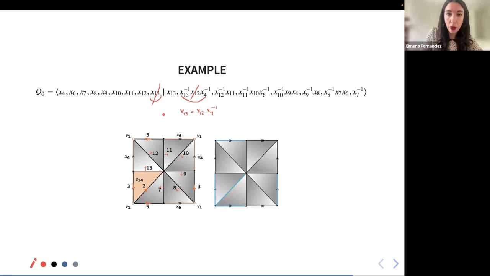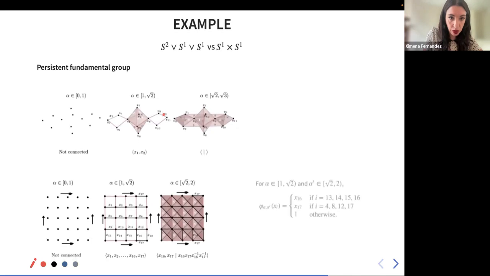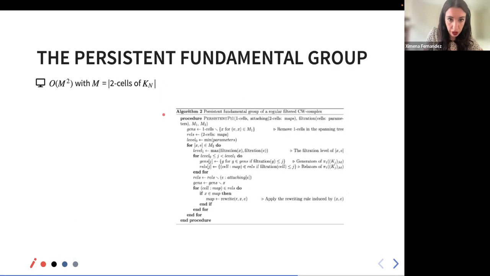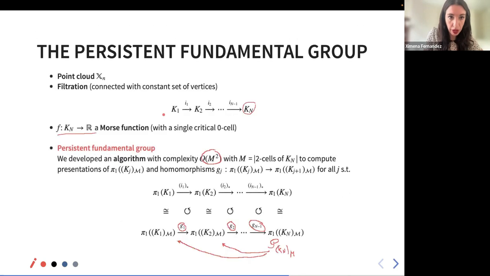Here you have this filtration, and in general the filtration has many cells of every dimension, but you're only interested in the critical cells.